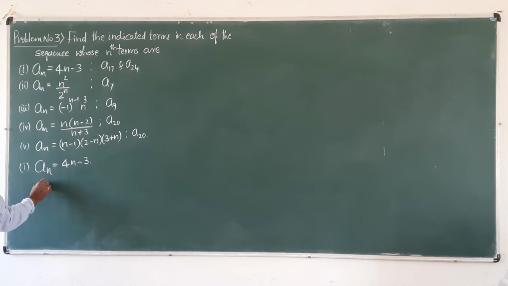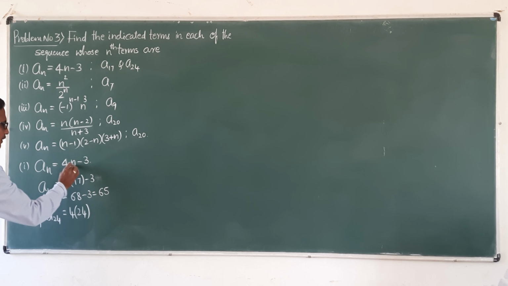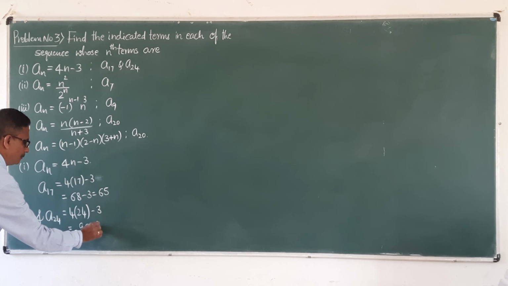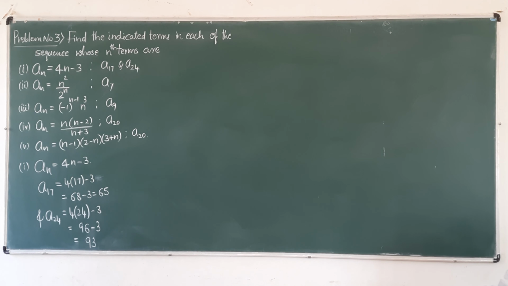Minus 3, that is 65. So A17 value is 65. And find A24. Put n equal to 24: 4 into 24 minus 3. 24 fours are 96, minus 3, that is 93.